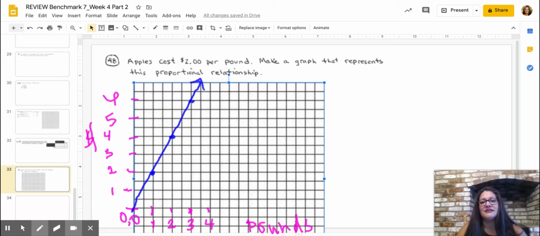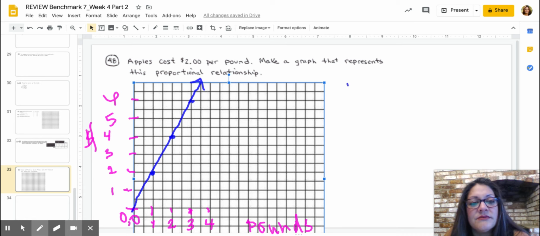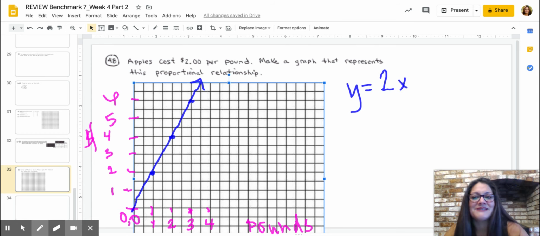There is our graph. So $2 per pound lets me know that my rate of change or my slope is 2, because that's 2 to 1. And my y-intercept, of course, is 0. We started at the origin. So my equation for this proportional relationship would be y equals 2x.